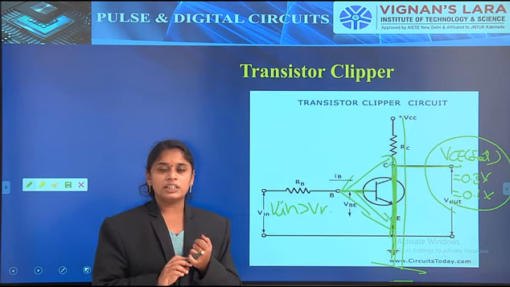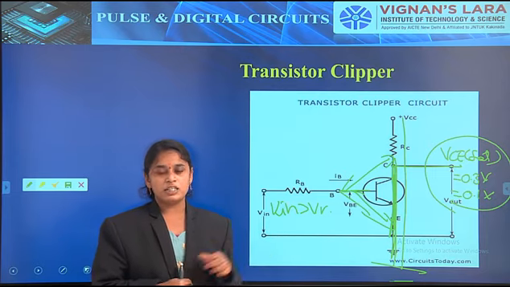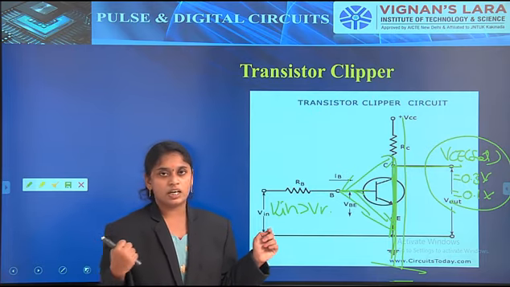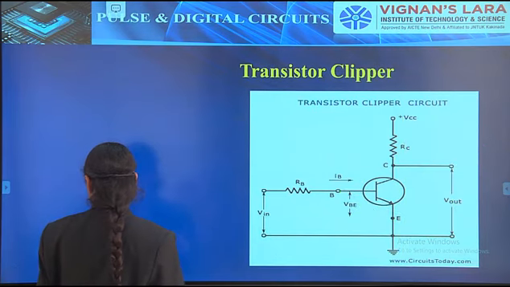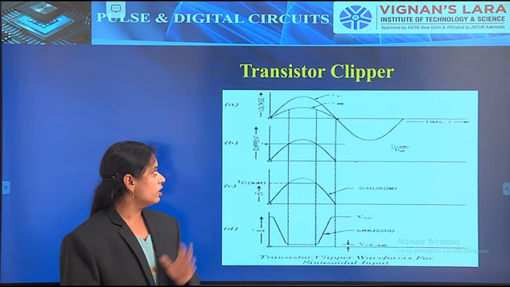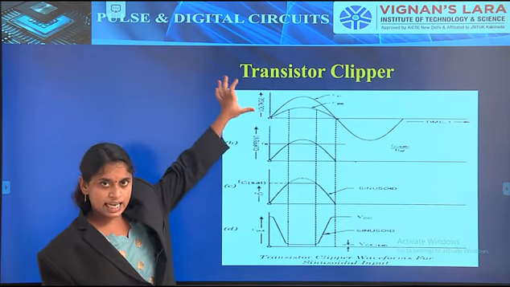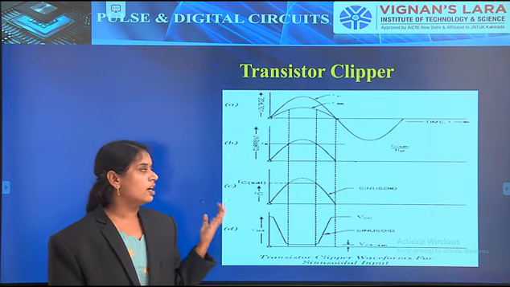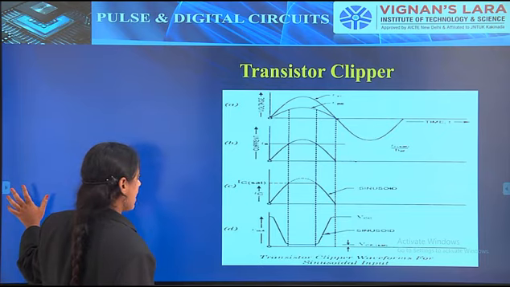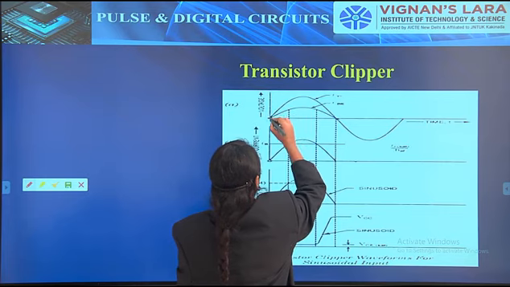So we observe the output voltage and output current, and for this condition we have to draw the waveforms. These are the waveforms we have to observe. The first one is the input signal. First we apply a normal sinusoidal signal here.